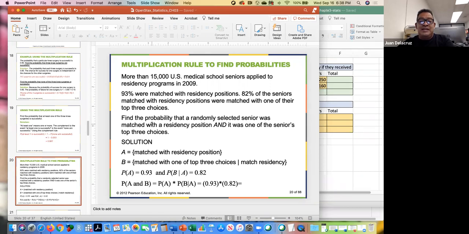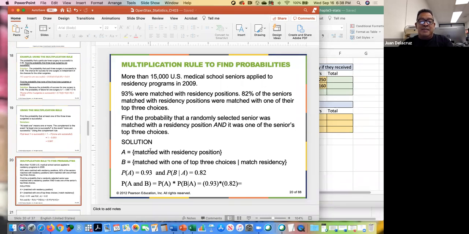That's the condition. The question is to find the probability that a randomly selected senior was matched with a residency position and it was one of the 3 top choices. So these 82% are people who were placed in one of the 3 top choices.